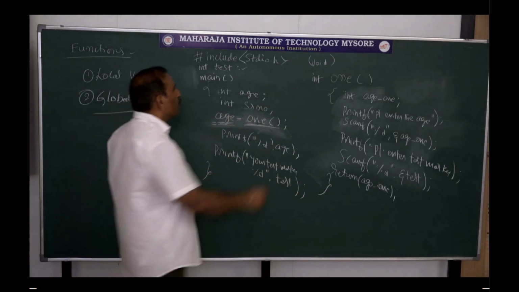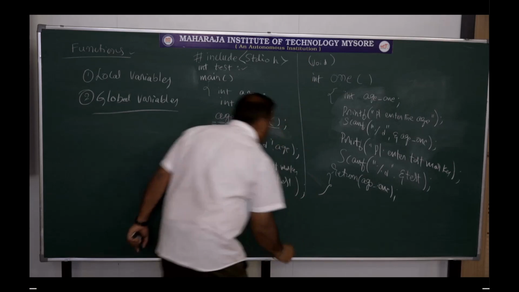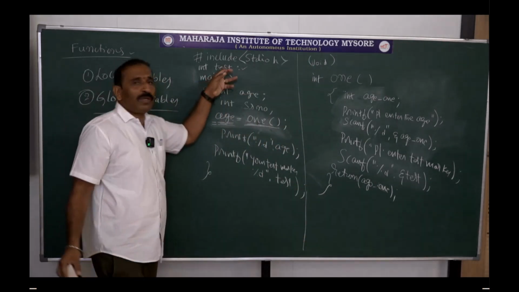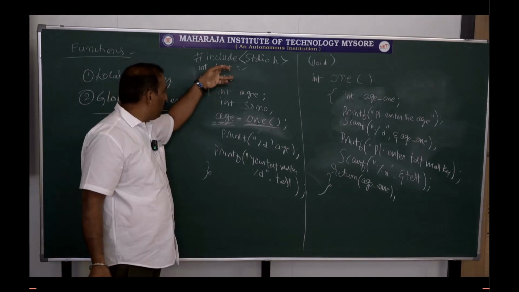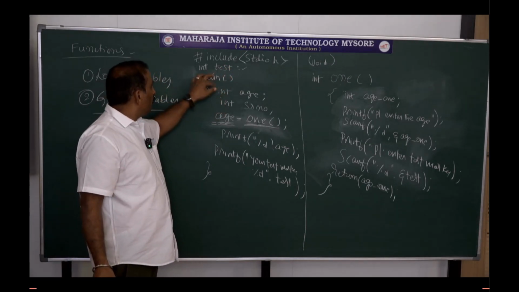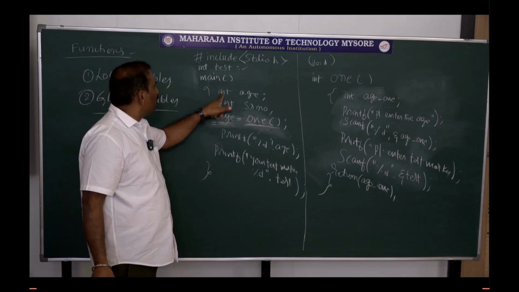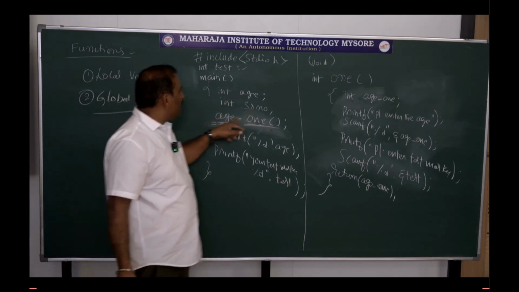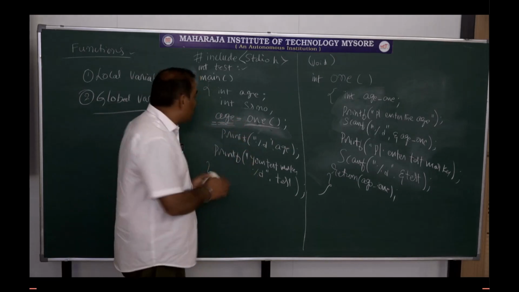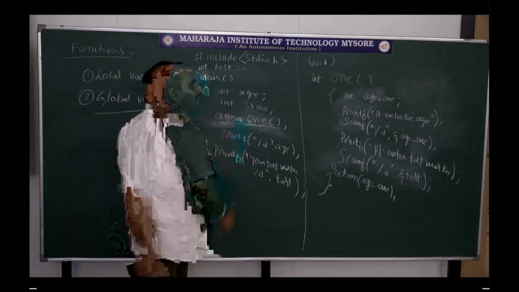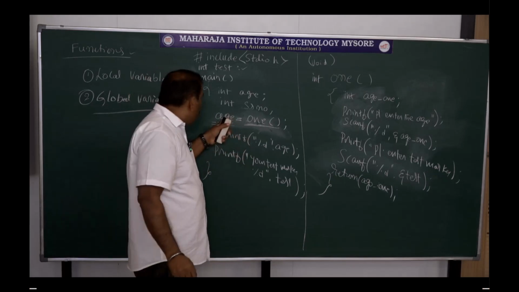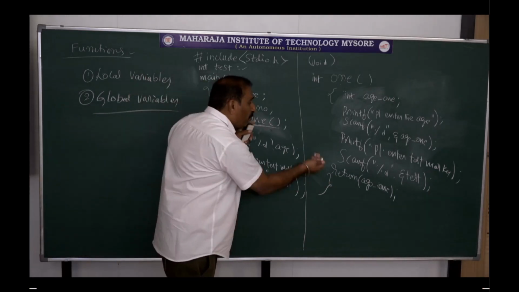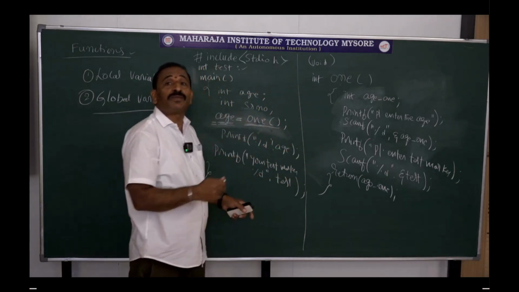There is one variable called test, which is a global variable. So I am going to the main function as it is, int age, int serial number. Age, I am now assigning the value of age equal to what is returned from this particular function.